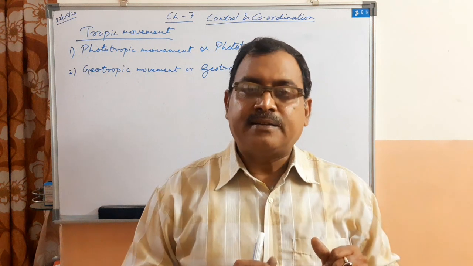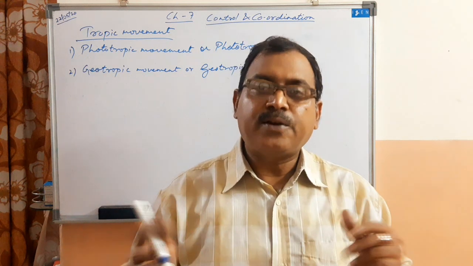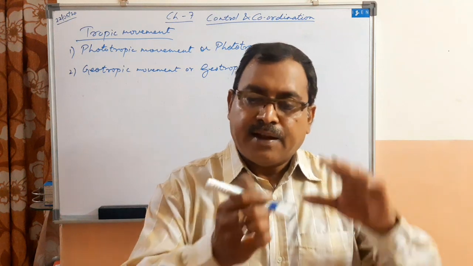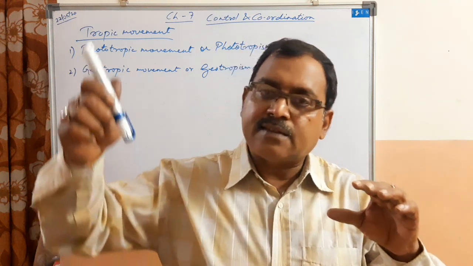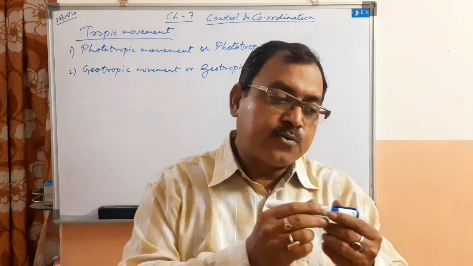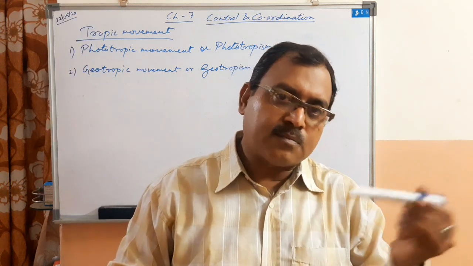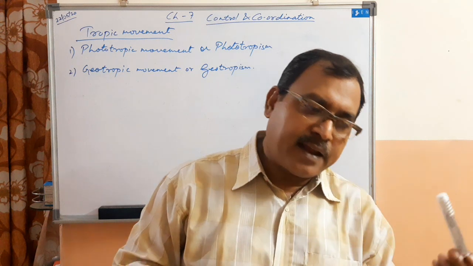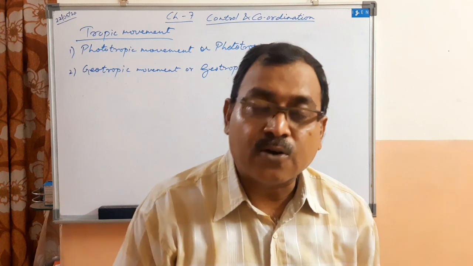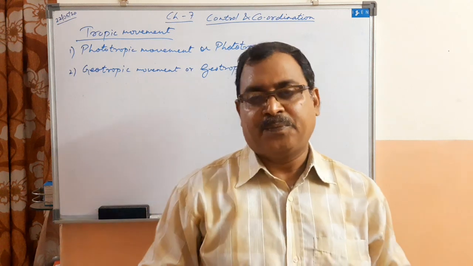You will find that after a few days, if it is kept there constantly for a few weeks, the stem turns and starts moving upwards, while the roots which are coming out from the bottom of the pot bend and start moving downwards in order to reach the soil and then go beyond it.